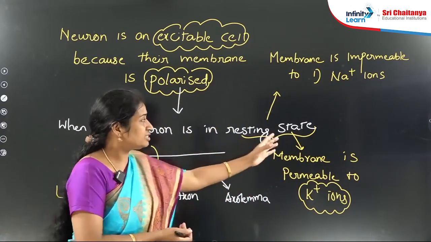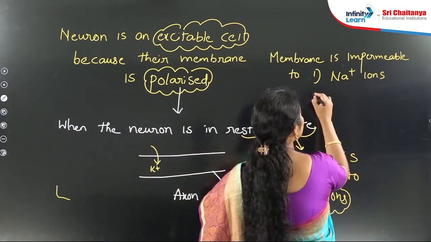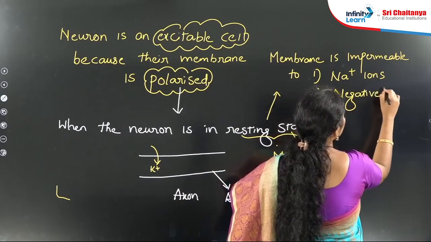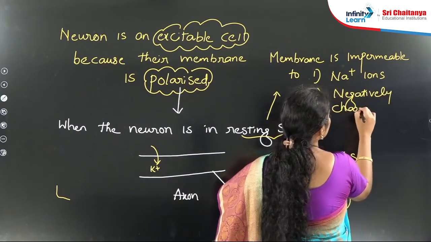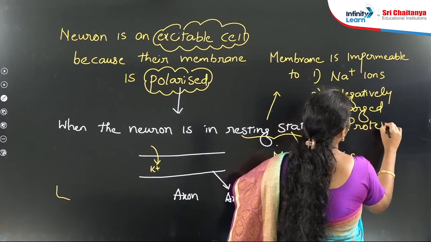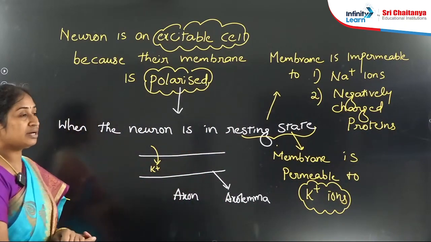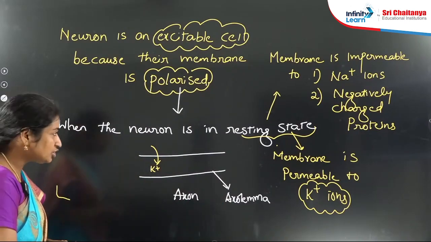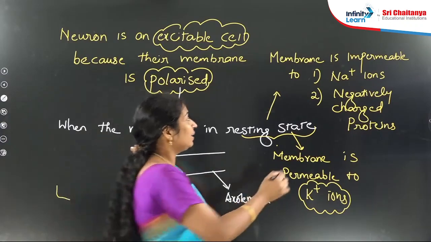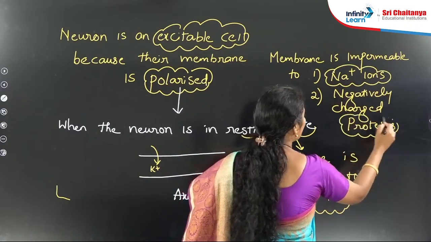It is nearly impermeable to sodium ions as well as negatively charged proteins. So this is known as polarized state. Whenever the plasma membrane is in resting state, without any stimulus, it is permeable to potassium but nearly impermeable to sodium ions and negatively charged proteins.